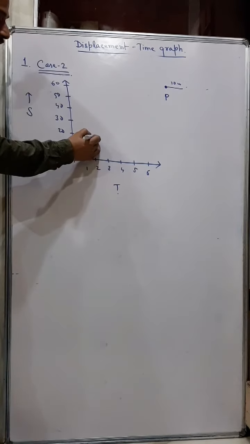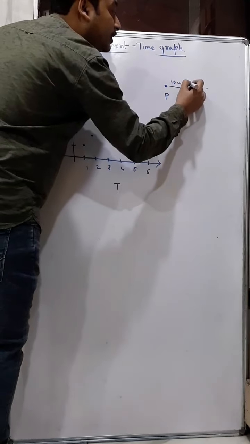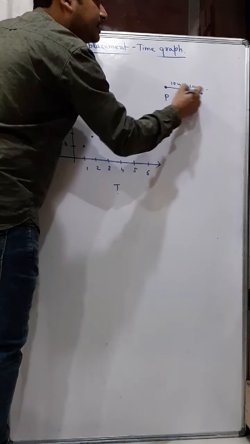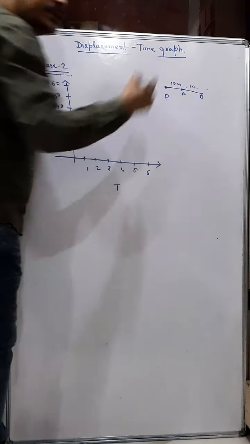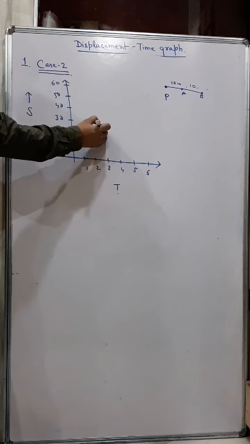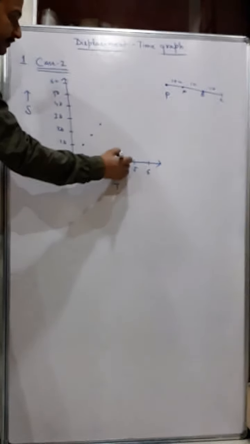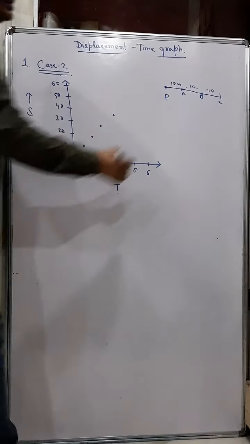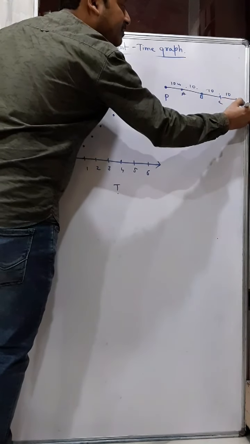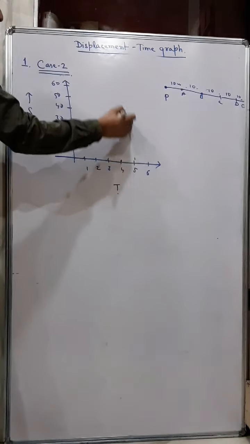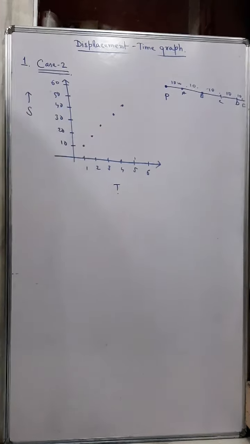After 2 seconds, the distance is 20 meters, that means the boy has gone another 10 meters. After 3 seconds, it is 30 meters. After 4 seconds, the displacement is 40 meters. And again, after 5 seconds, the displacement is another 10, that is, 50 meters.